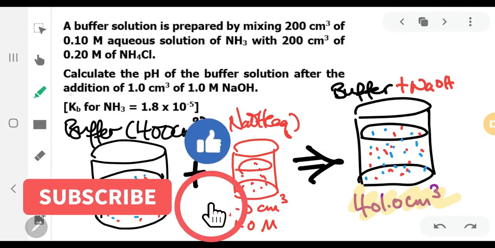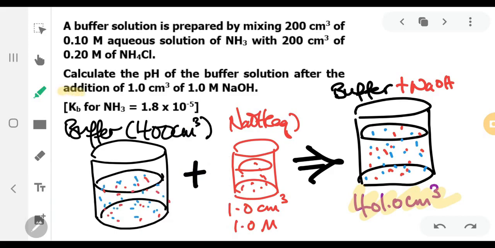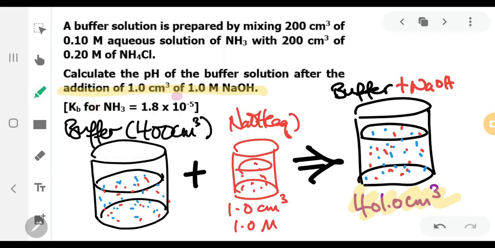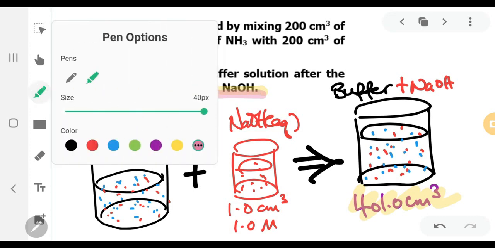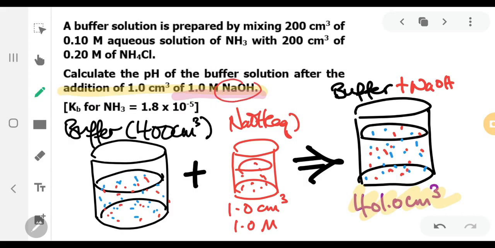Finally, we're going to look at the last example, but this time we're going to be adding a small amount of strong base. NaOH is your strong base, and we are still using the same buffer as we used for the first question and the second question.